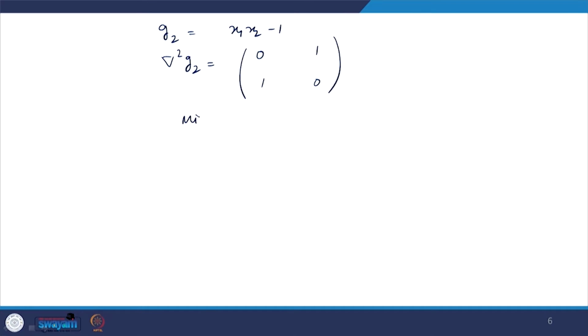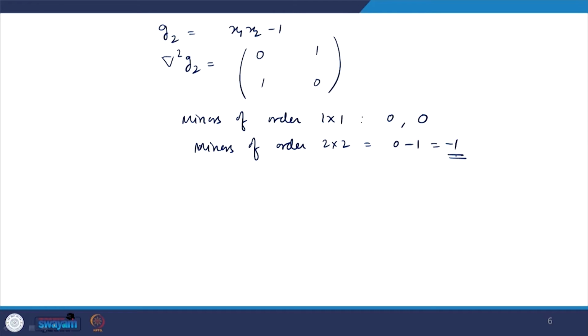So, the minors of order 1 cross 1 are 0 and 0, and the minor of order 2 cross 2 is 0 minus 1, which is minus 1. So, this makes it indefinite. This Hessian is not positive semi definite, and hence this function is not convex. So, this implies G2 is not convex.